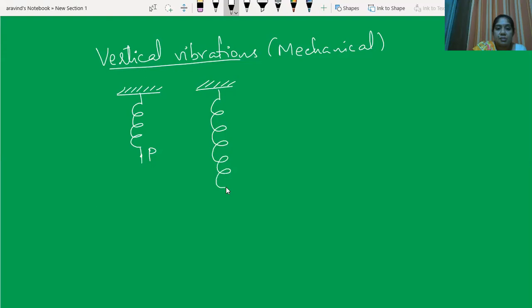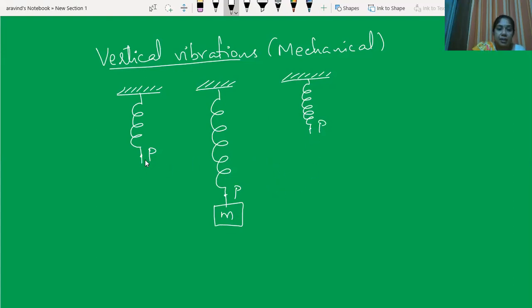This is the expanded spring under the action of load M, so the point P has come here. When I remove the load, the spring gradually compresses until it comes to its equilibrium position.